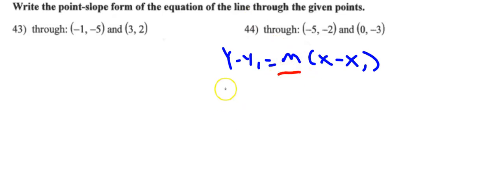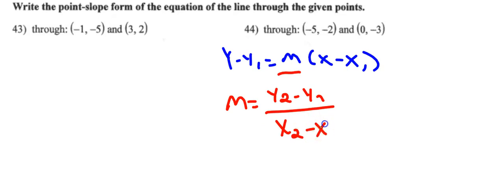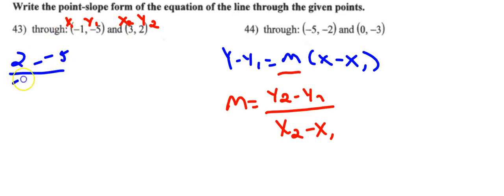And we do that using the formula m equals y2 minus y1 over x2 minus x1. If we label these points x1, y1, x2, y2, then we can go ahead and plug those into our slope formula, which we'll do now. y2 is 2 minus y1, which is negative 5, over x2 minus x1.